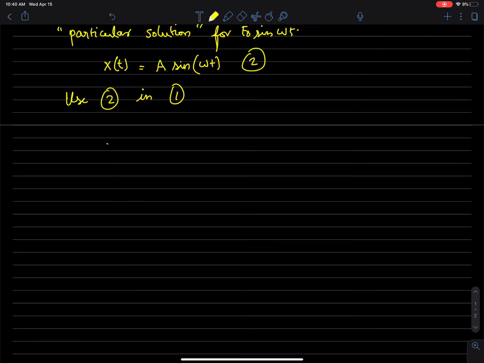So before we can use 2 in 1, we need to compute x double dot, for which we compute x dot, which is plus a omega cosine omega t. And x double dot is equal to minus a omega square sine omega t.